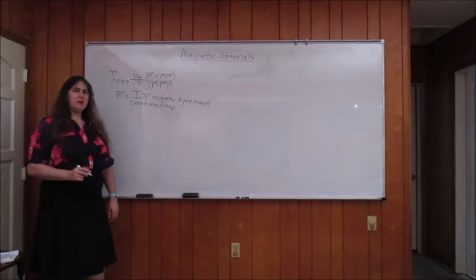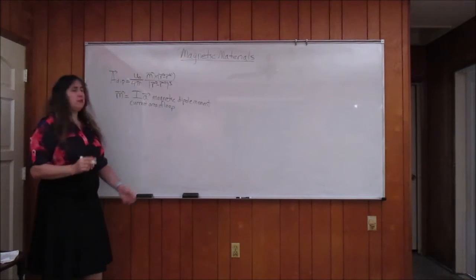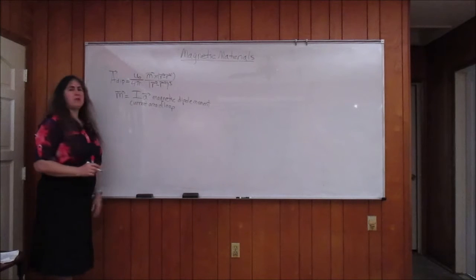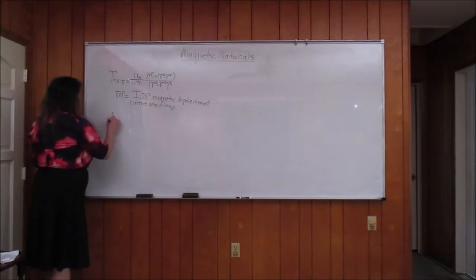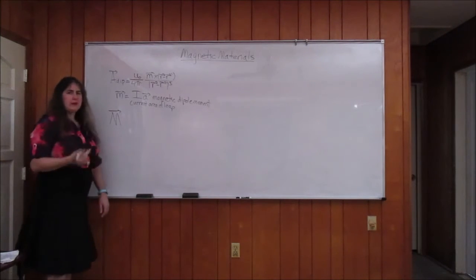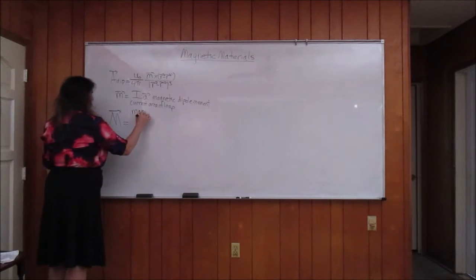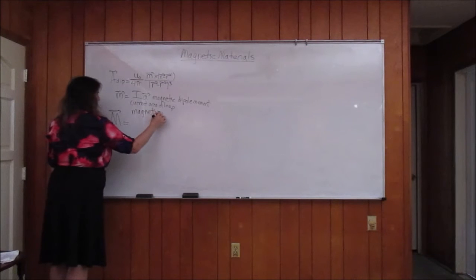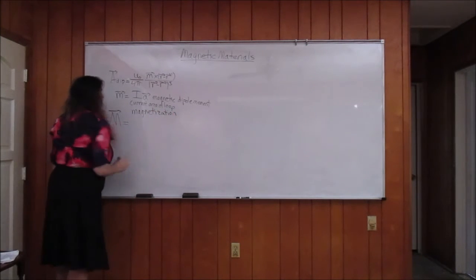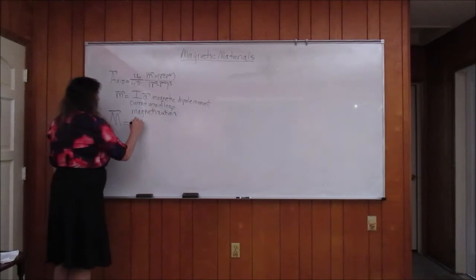Now I want to consider, since I'm considering matter to be composed of a bunch of dipoles, I'm going to define a new quantity called the magnetization. And that's equal to the magnetic dipole moment per unit volume.